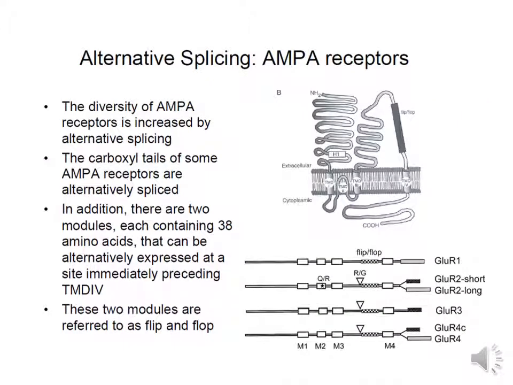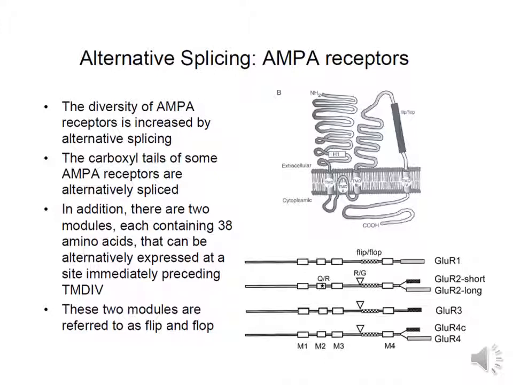The diversity of AMPA receptors is increased by alternative splicing. All AMPA receptor subunits are susceptible to different forms of splicing variants. The carboxy tails of some AMPA receptors are also alternatively spliced in this part of the protein.